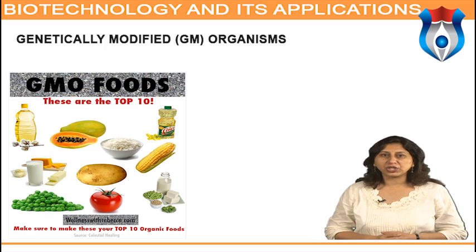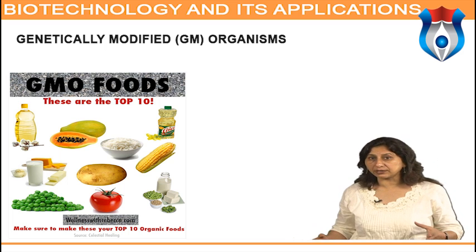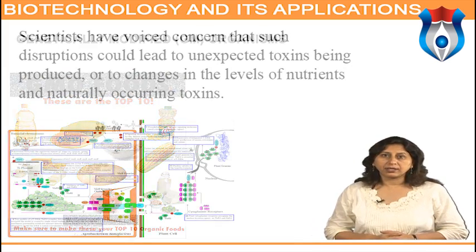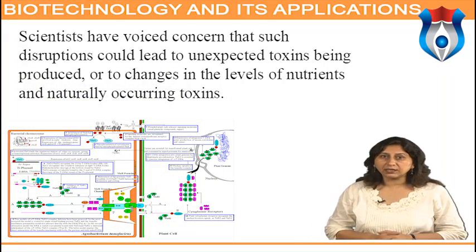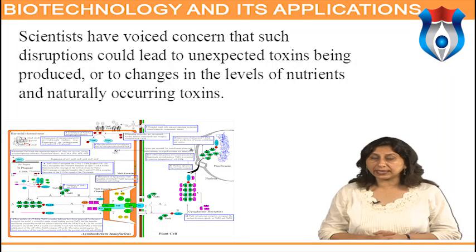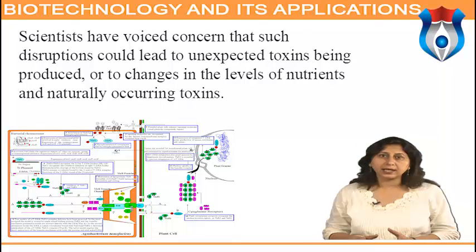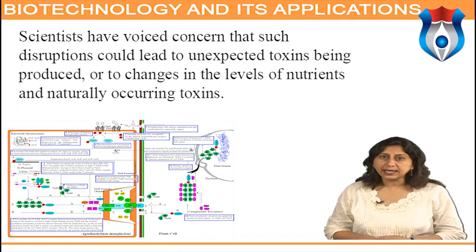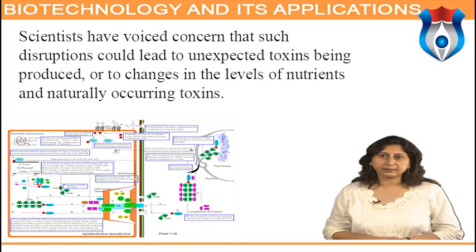Transferring DNA and genes from one organism to another is a difficult and fairly haphazard procedure. Scientists have voiced concern that such disruptions could lead to unexpected toxins being produced or to changes in the levels of nutrients and naturally occurring toxins.